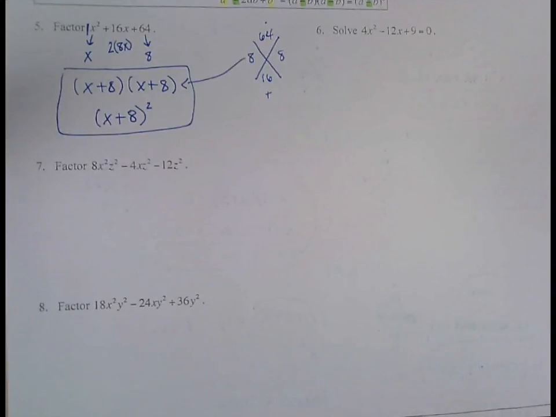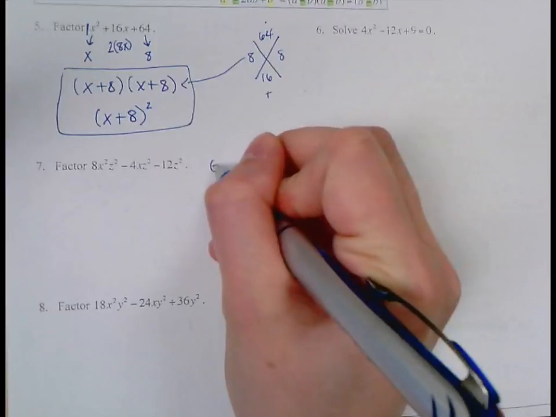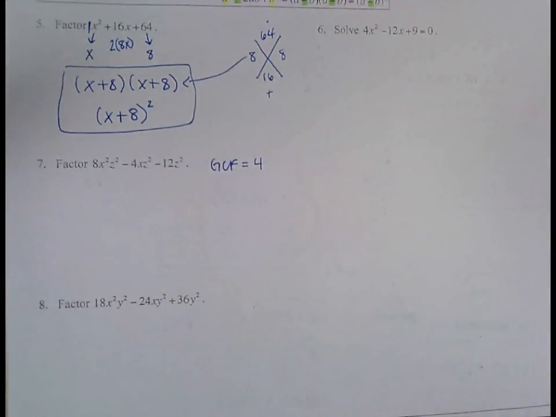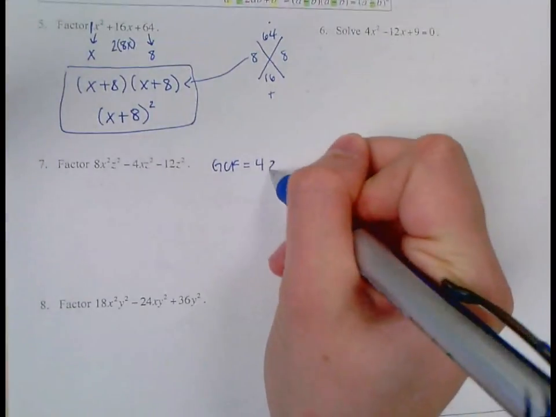Remember, I haven't talked about it because we haven't had one, but always check for a GCF first. So what do all three of these terms have in common? They all have a 4. What else? They all have a z squared.